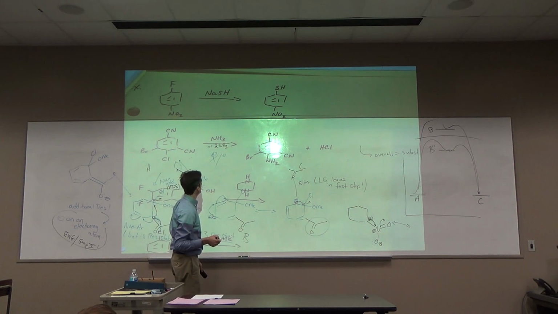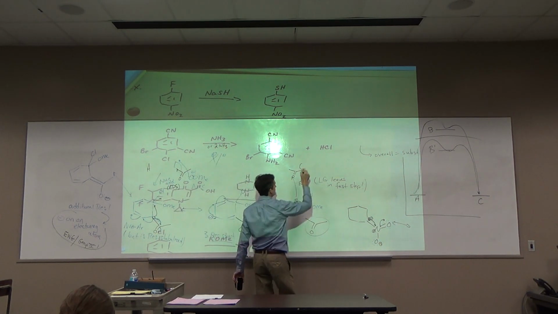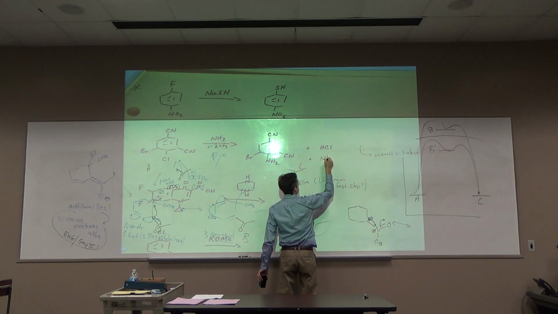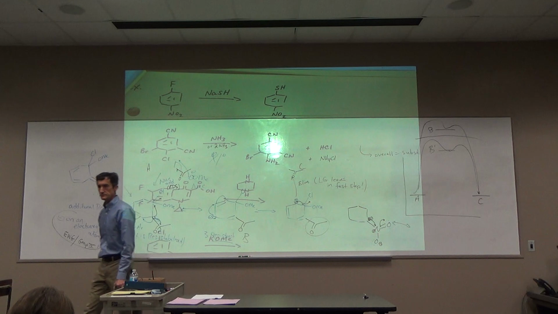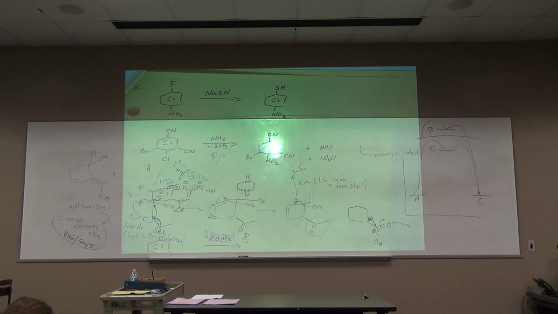You may use excess NH3. If you did, you would make ammonium chloride. That's where the second ammonia takes the H from the first. And so the second ammonia has reacted with the HCl.